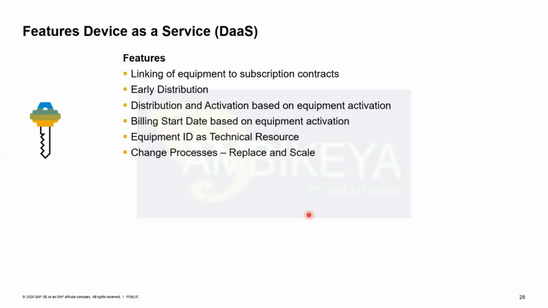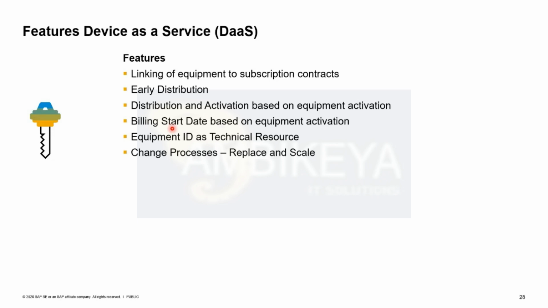And it is also possible to start billing of such contracts at a later point in time, once the equipment is active. So this feature is supported. And equipment ID from a CC perspective is replicated as a technical resource.